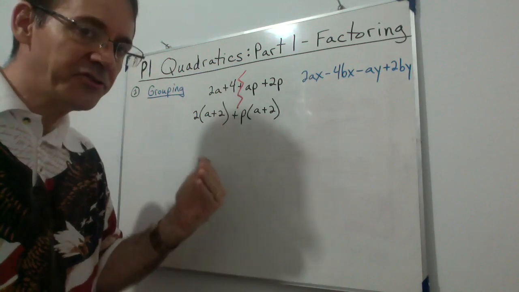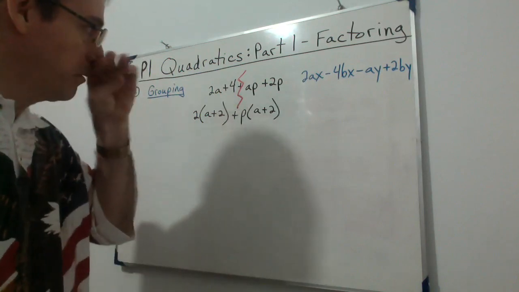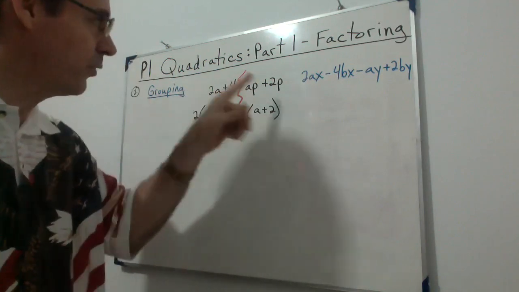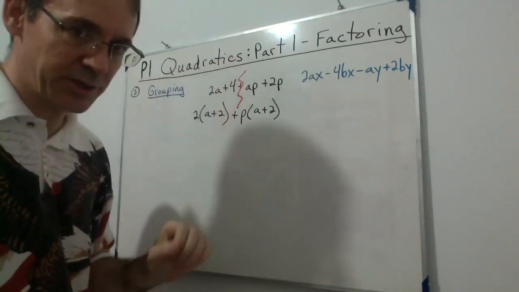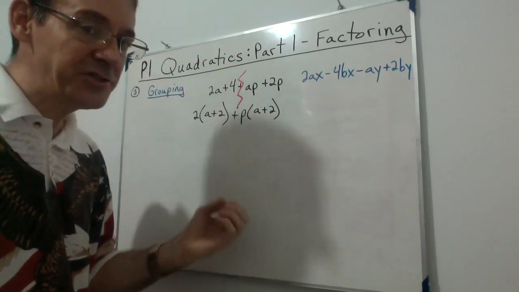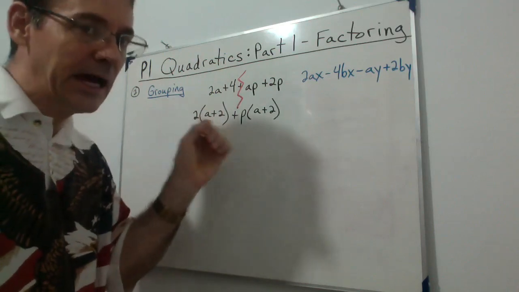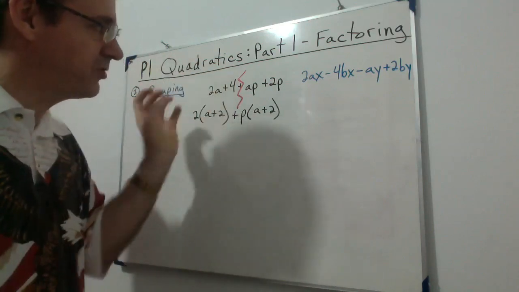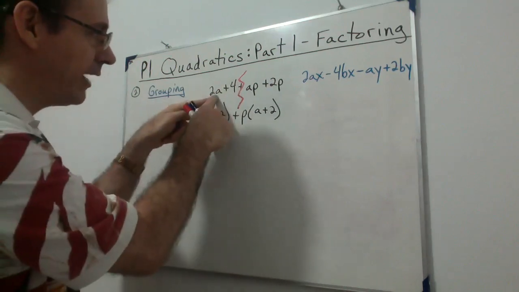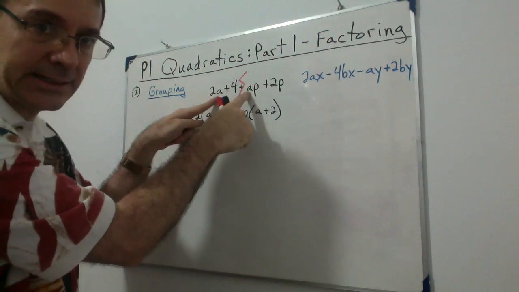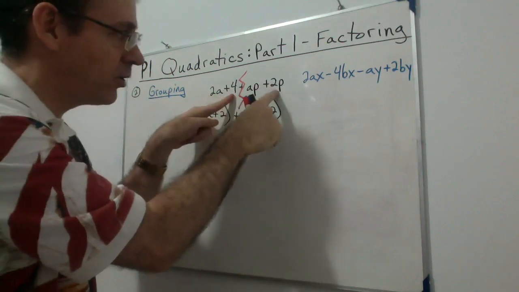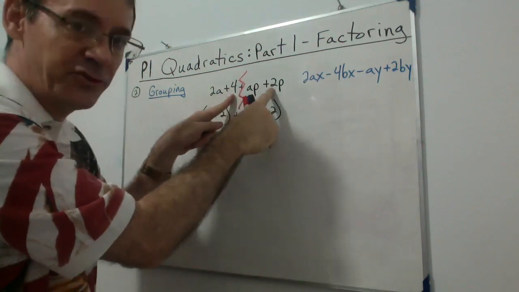notice again, just to reiterate, most of the time when you have 4 terms, you can just cut it in half, deal with the left 2, deal with the right 2. Occasionally, that might not work. So you might need to rearrange. For example, 2a could go with ap because they both have an a in it. And 4 could go with 2p because they both have a 2 in it.